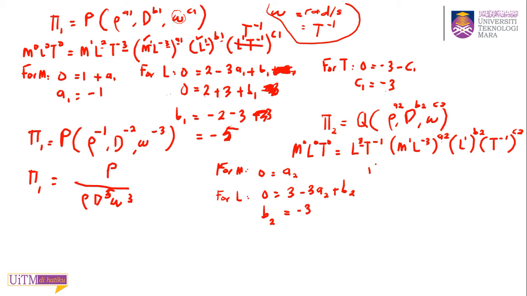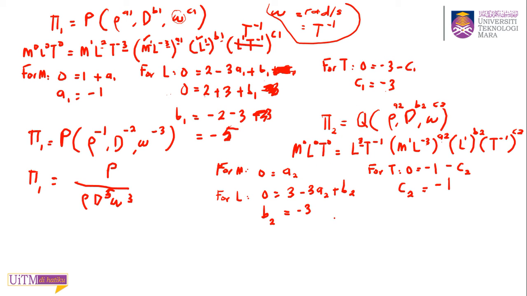And then for T, we do again the same, 0 will be minus 1 and minus C2. So we will have C2 equal to minus 1. Okay, and now we can write our pi 2.